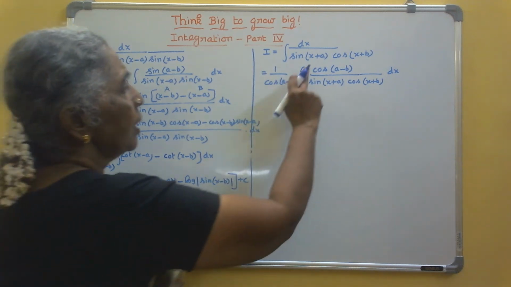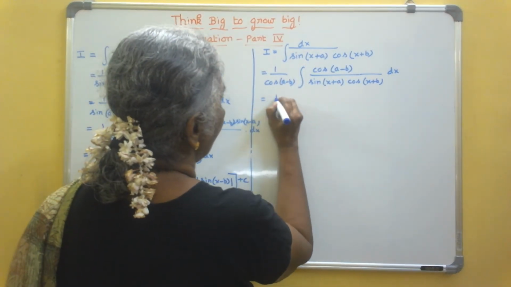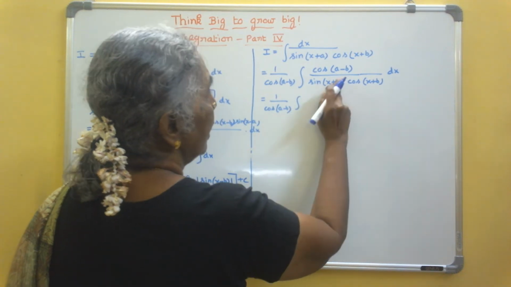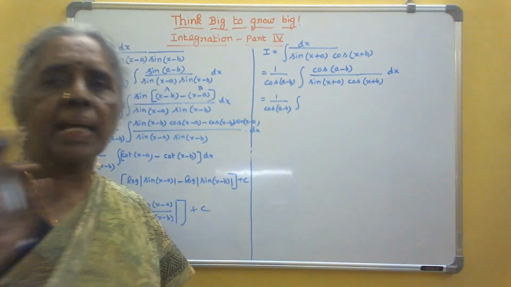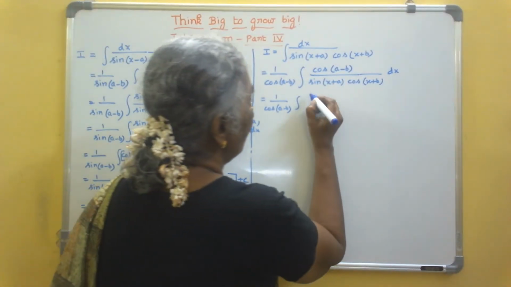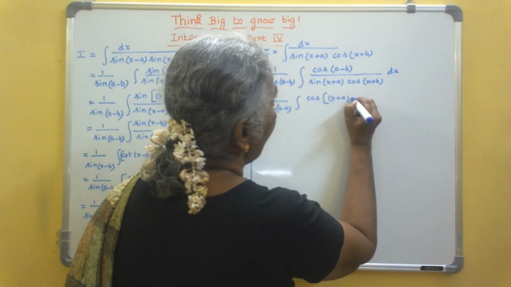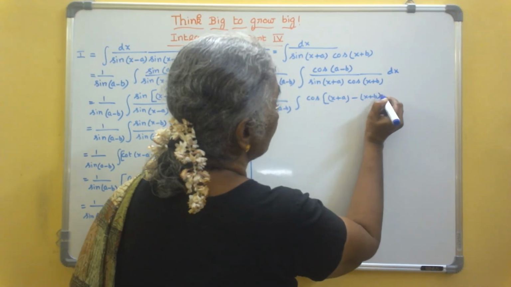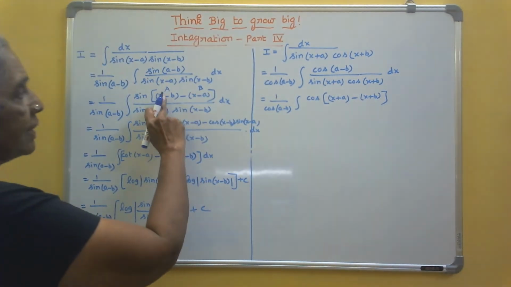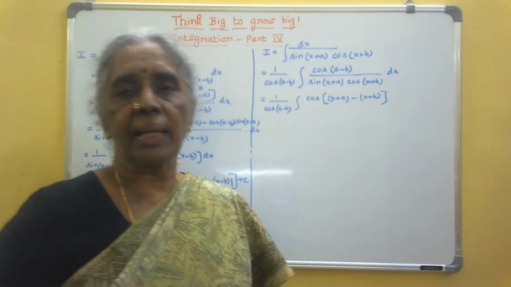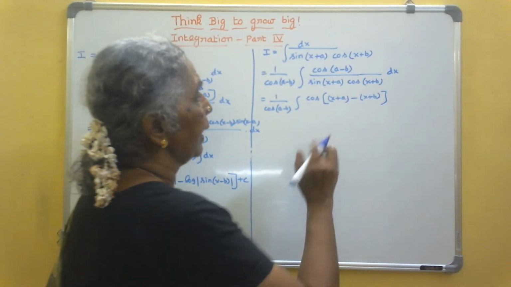Then this cos of a minus b we will write in terms of x. Here you have x plus a and x plus b. So how will you write it? It is cos of x plus a minus x plus b. Do you follow? Here it was x minus a, x minus b, so you wrote like this. Here it is x plus a and x plus b, so you are writing like this.